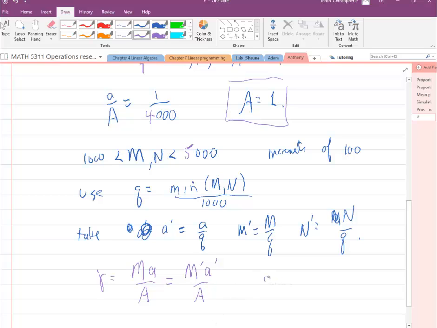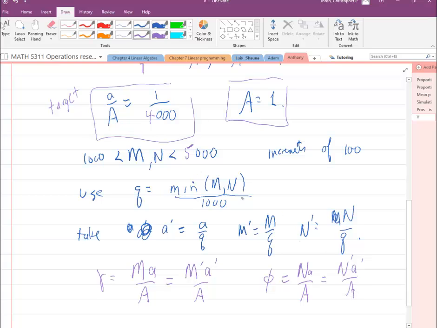Instead of using this A over A, which is the target, because I'm not actually going to use A over A in my simulation, I'm going to use A prime, M prime, and N prime. So my phi, which I want to be equal to NA over A, if I use N prime and A prime, that's going to be the same thing.